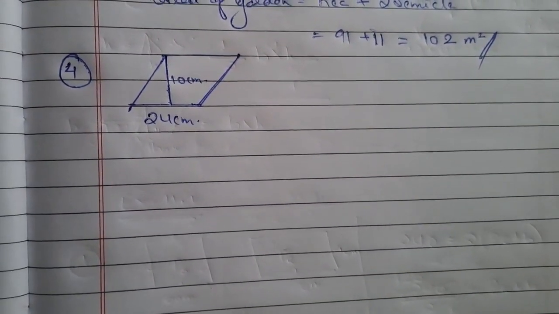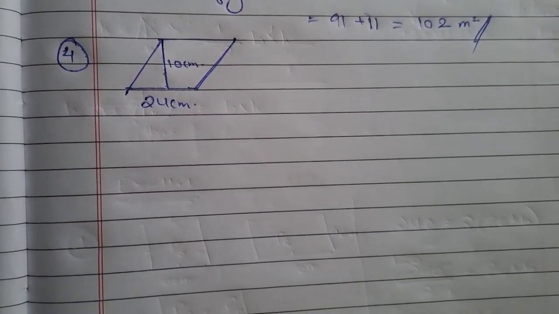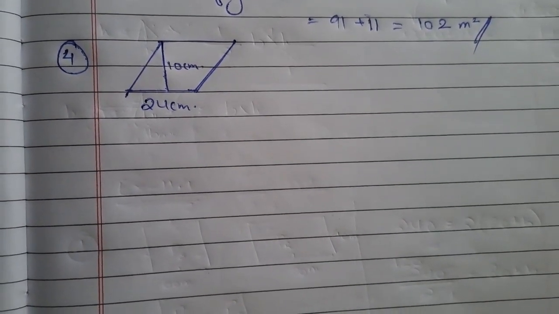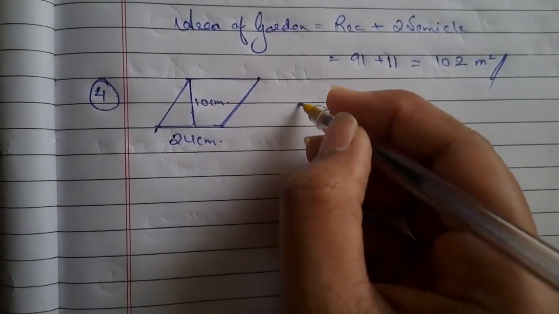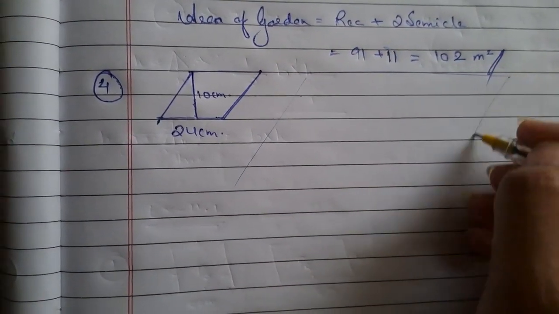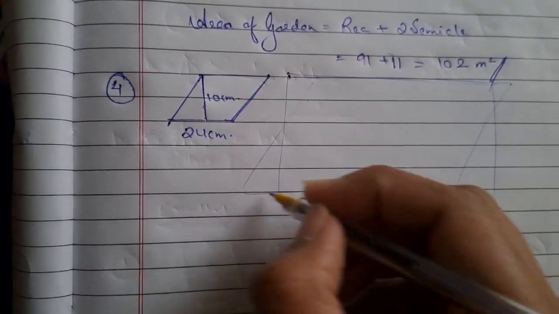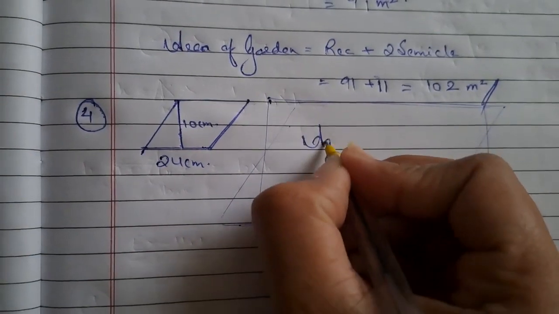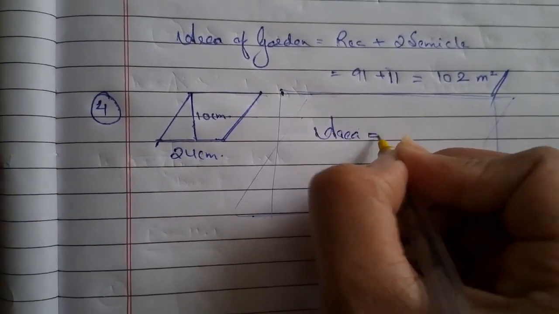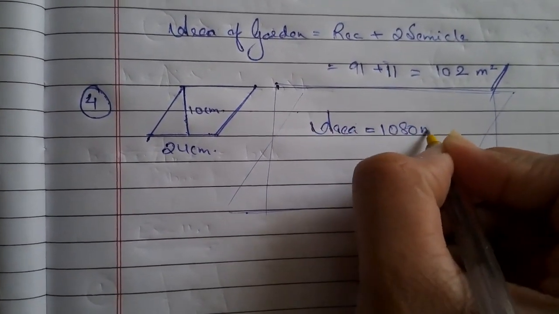How many such tiles are required to cover a floor of area? This has to go on a big and giant area of the floor. The floor may be a rectangle, square or whatever, I don't know. But the area of the floor is given to me as 1080 meters square.